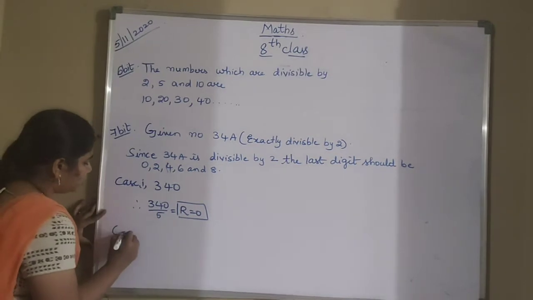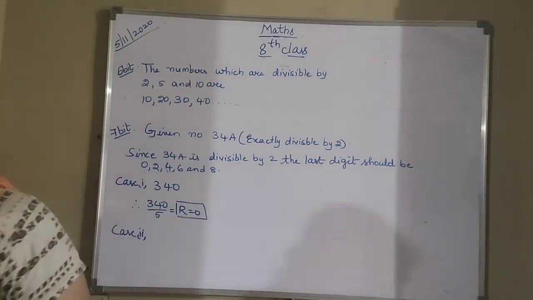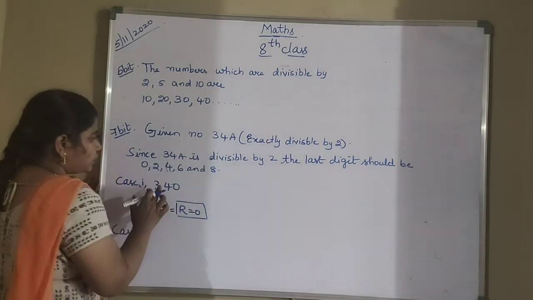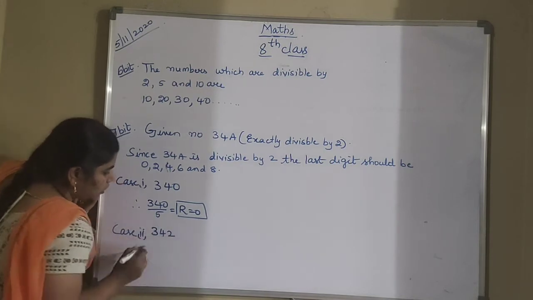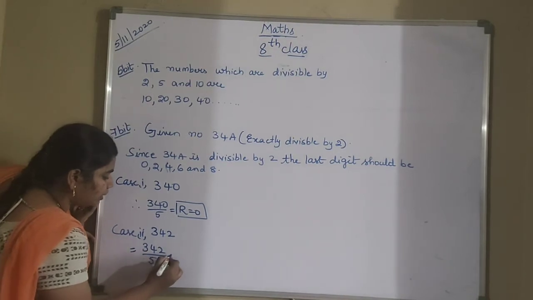Now case 2. In place of a I am substituting 2. So that will be 342. If I divide this 342 by 5, what will be the remainder?